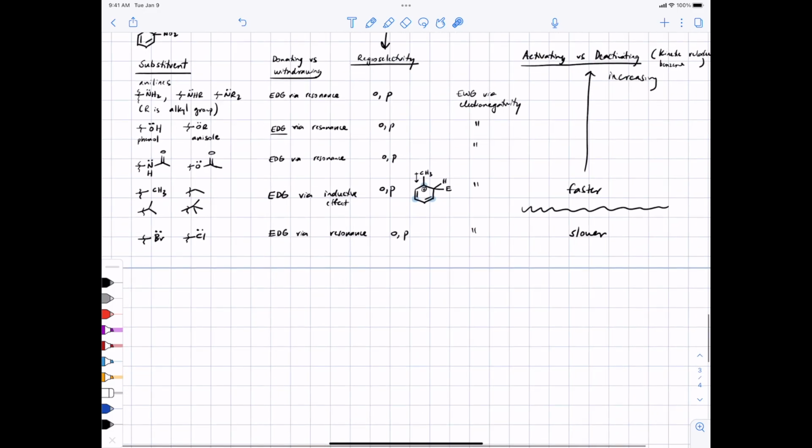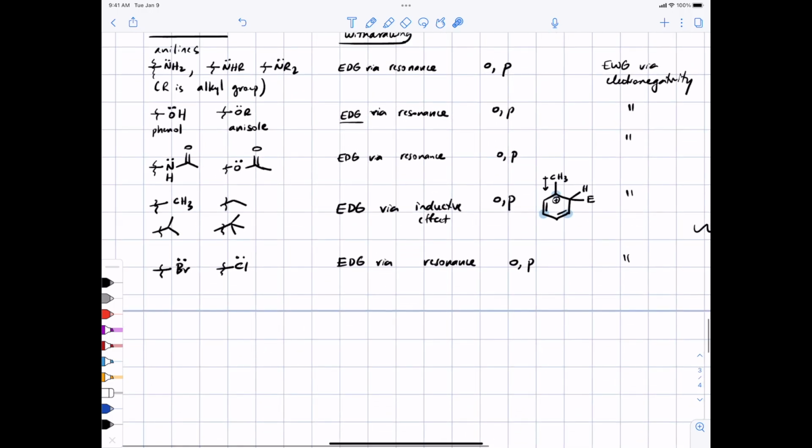Should you be able to understand why the ones at the top are better than the ones at the bottom? Yes, and I'll show you how. First, notice the nitrogen donating groups are better than the oxygens. That's a pure electronegativity argument. Nitrogen's less electronegative than oxygen.